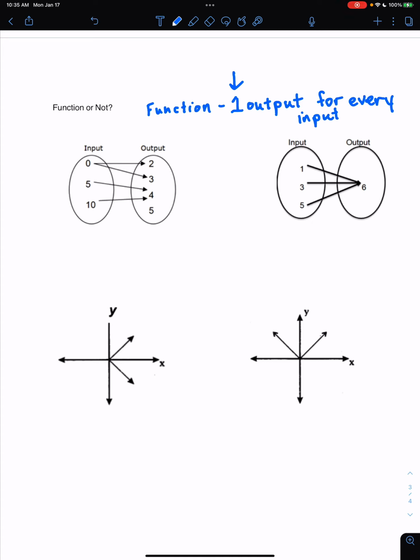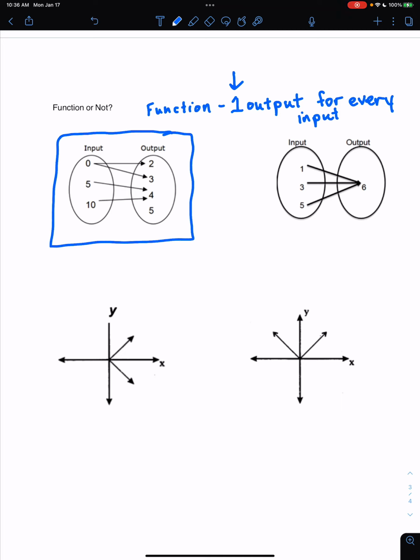All right, and the question we're going to ask each other at each point is, is there one output for every input? So let's take a look first at this diagram in the top left side of my screen. And here you can see that the inputs are on the left side, the outputs are on the right side.